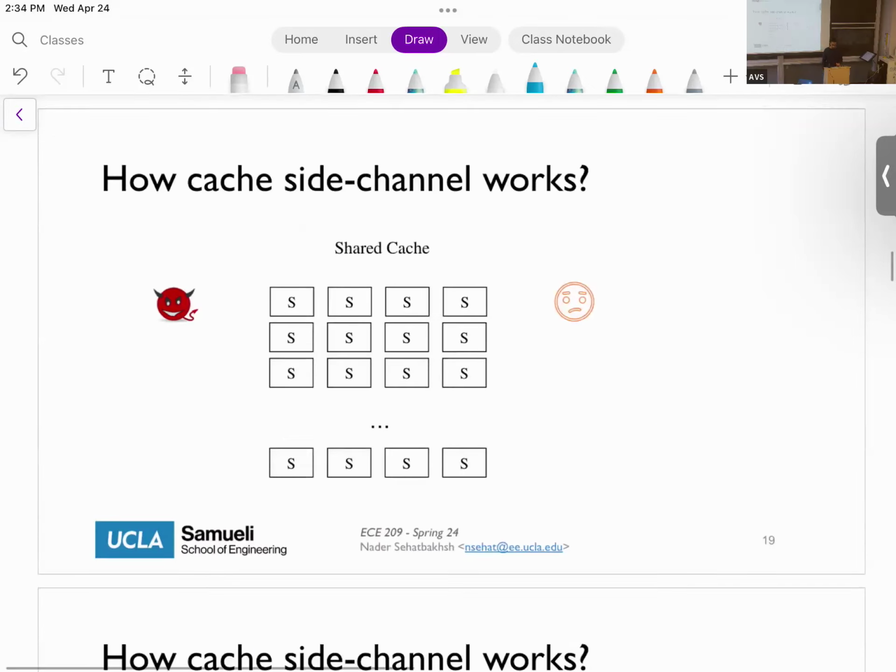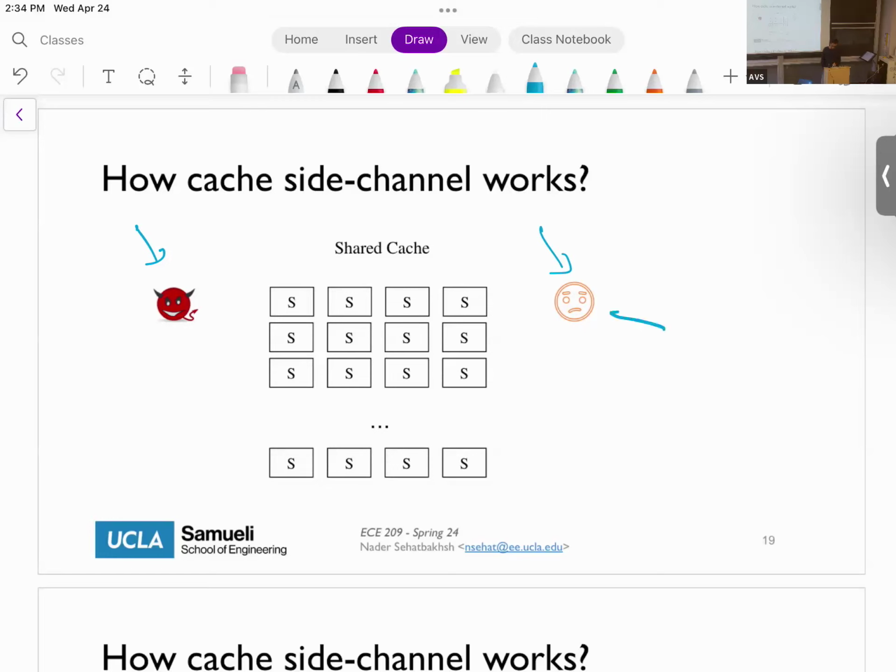So let me give you a concrete example using cache side channels, okay? If you remember, I told you that we have these multi-core systems, and in multi-core systems, we need to share the cache, because if we don't share the cache, then our utilization would be horrible, right? So we share the cache among multiple users. And as I told you, since we are doing this remote cloud computing, these users could be any user, okay?